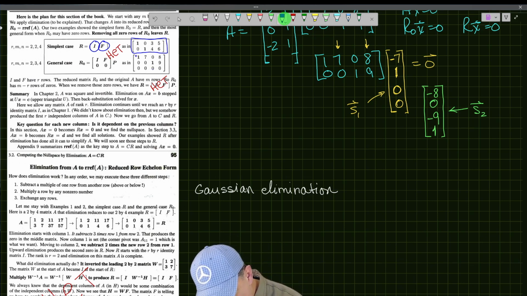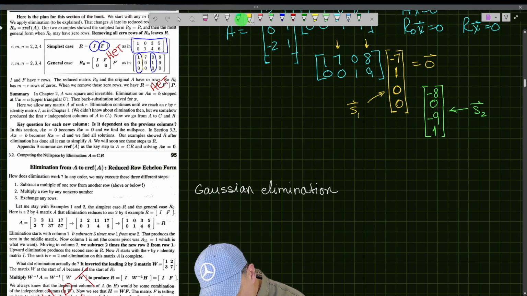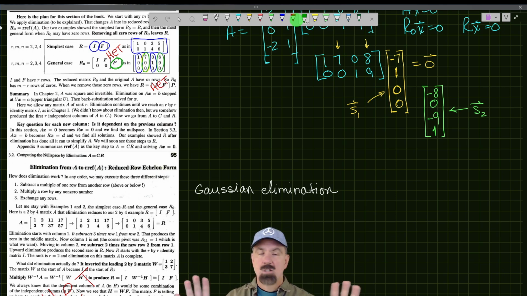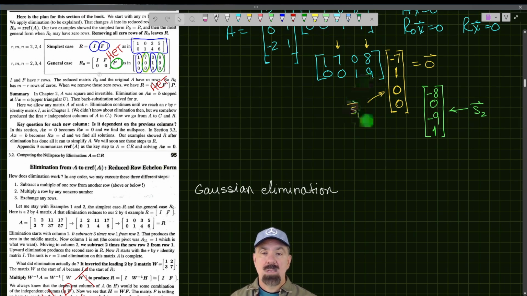Well, here the I is buried in the first and third columns, and the F is in the second and fourth columns. And so what he tells us is, hey, we're going to need to apply a permutation matrix in order to get the I and the F to look the way we want them to look. All right, there's no need for us to do that. That's a great and interesting matrix manipulation idea, but we don't need to do that. What we need to be able to do is this. We need to be able to find a basis for the null space and understand what that is.